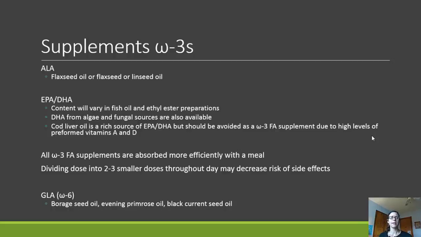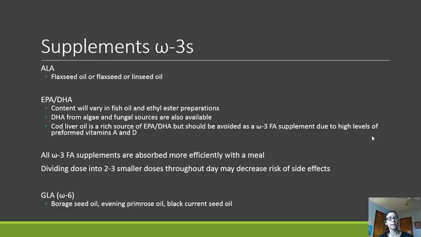We also see EPA and DHA in supplements, and the content or the quantity of the EPA and DHA and the proportion is really going to vary depending on the specific type of fish oil and how it's been prepared. So we want to encourage our clients to really read the label to try to determine exactly what they are getting in the specific supplement that they've purchased.